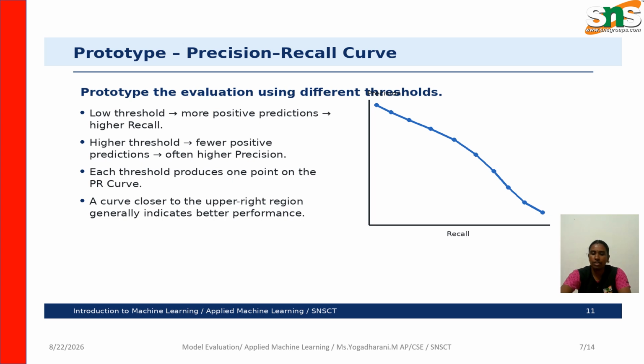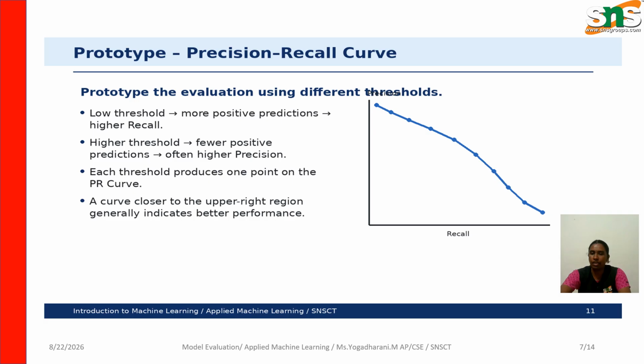Generally, when we change the classification threshold, precision and recall also change. If we make the model very strict about predicting positive cases, precision may increase because we predict positive only when we are highly confident. Therefore, recall may decrease.